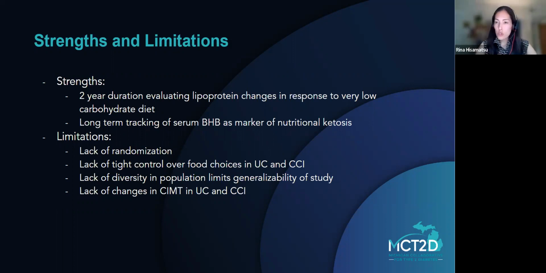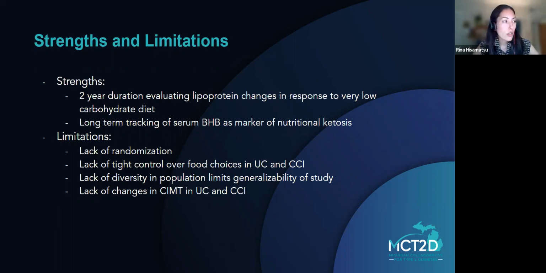And the researchers were also able to track the serum beta-hydroxybutyrate, the marker of nutritional ketosis, to study the shift in the LDL phenotype in relation to the nutritional ketosis frequency.